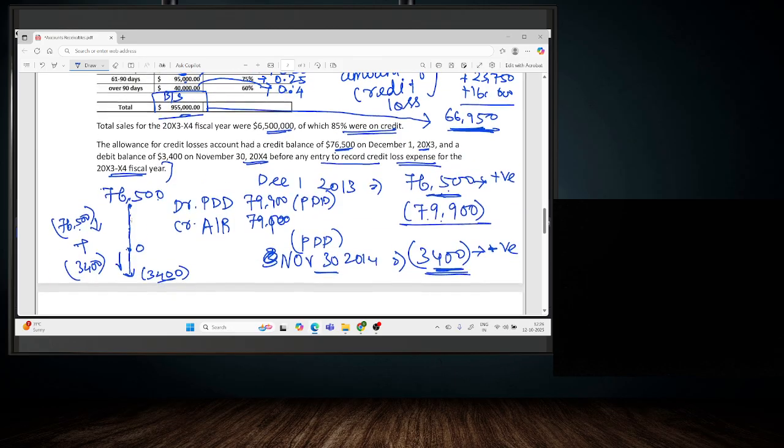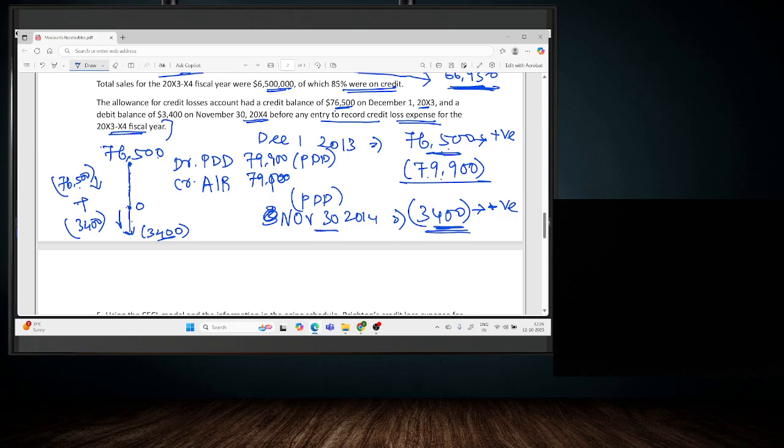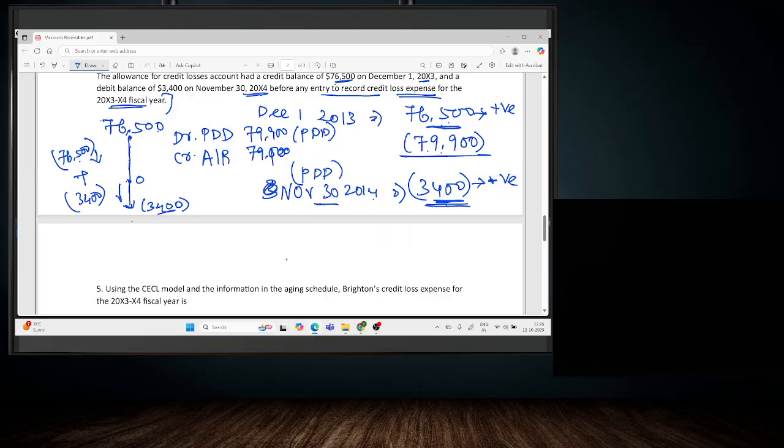Right, but what is the actual closing balance we have on 30th November 2014? It is only 3,400 negative. But what is the closing balance we should have on 30th November 2014? We should have 66,950 rupees.